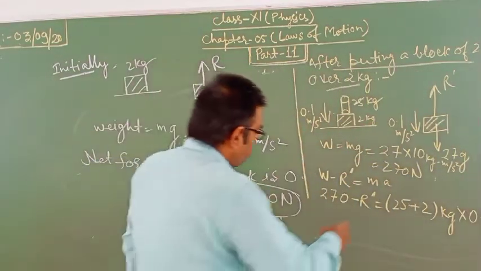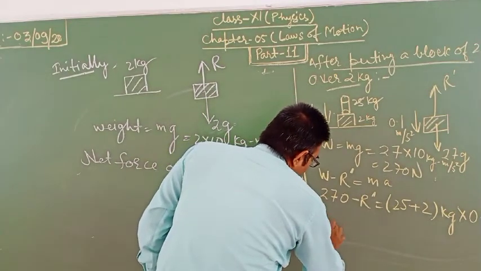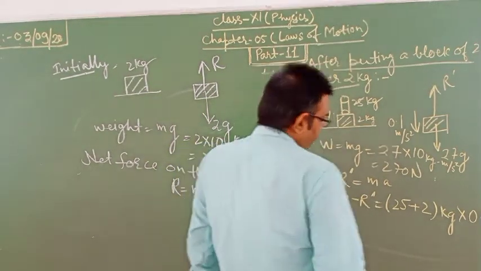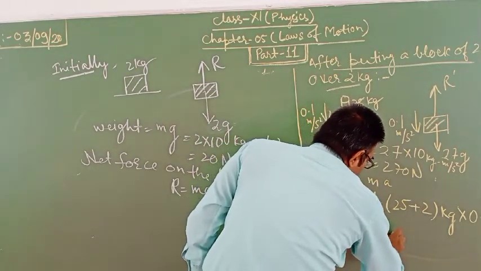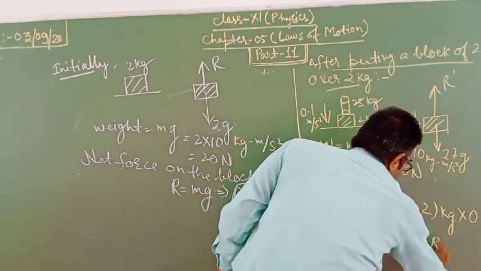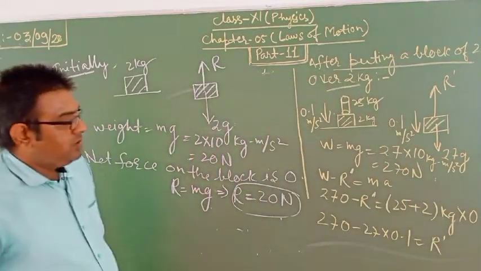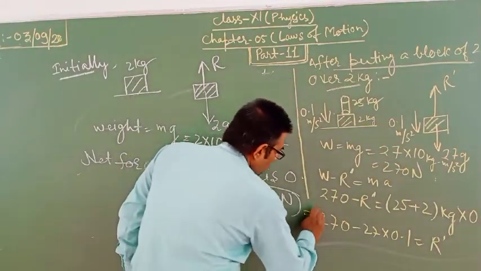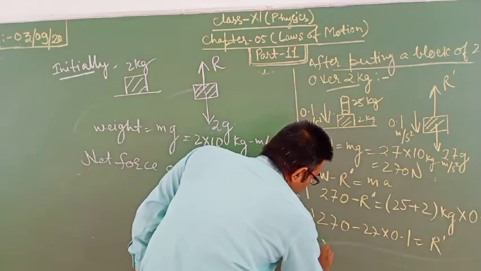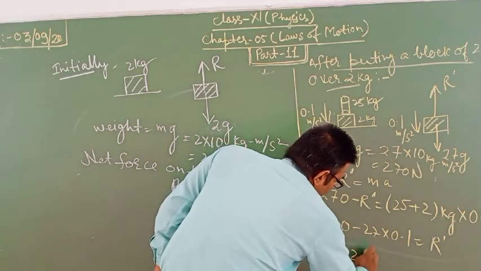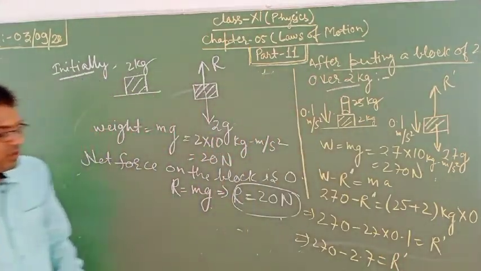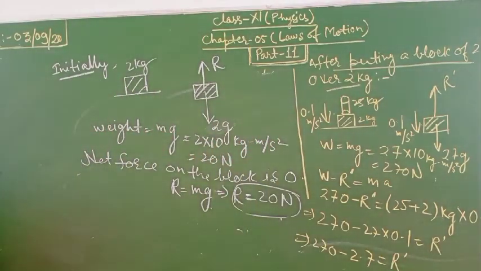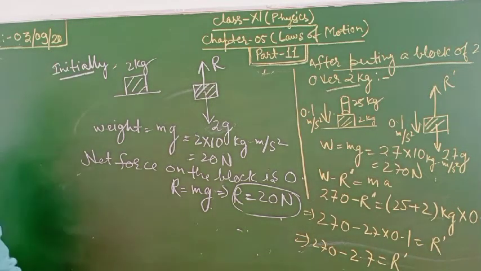And now you can write it as 270 minus 27 into 0.1 is equal to R dash. 270 minus 2.7 is equal to R dash. On subtracting, 270 minus 2.7 gives 267.3 Newton.